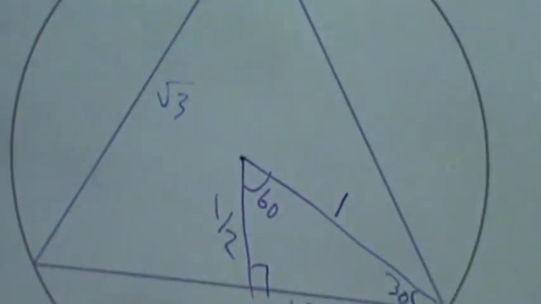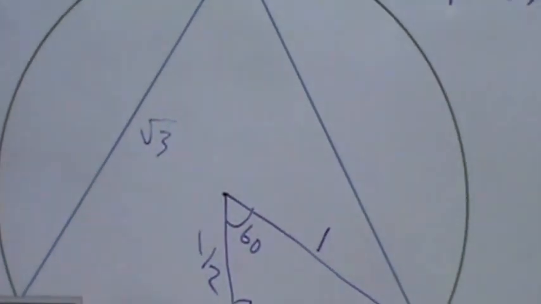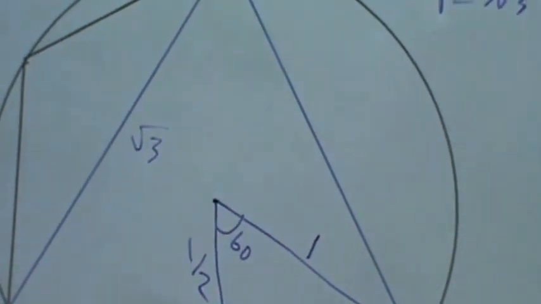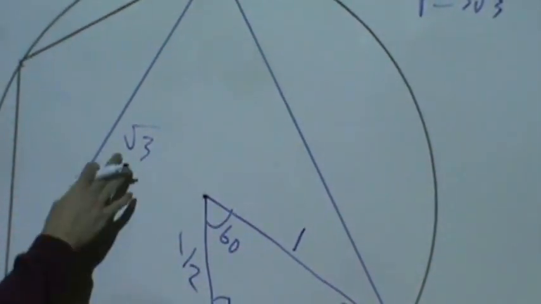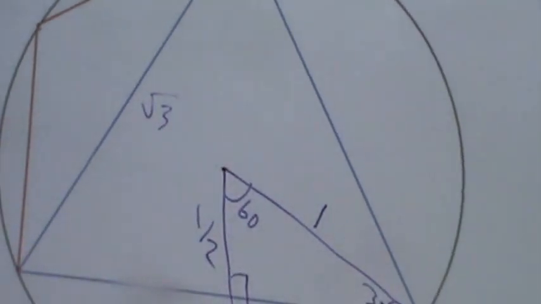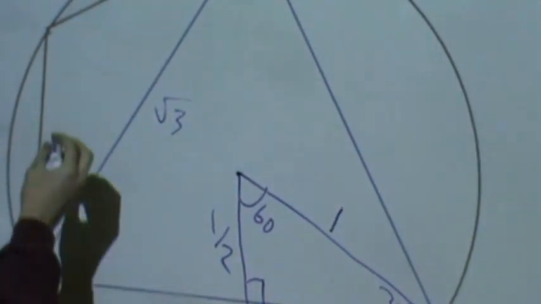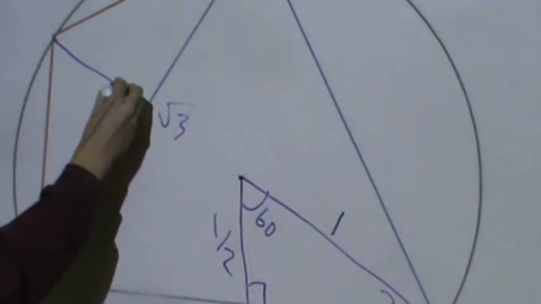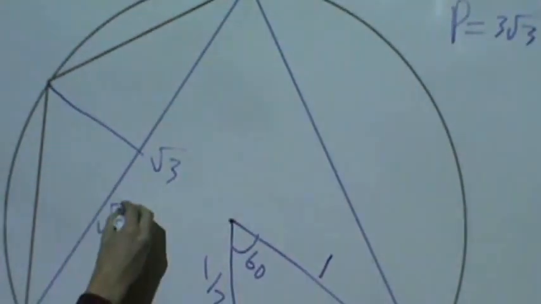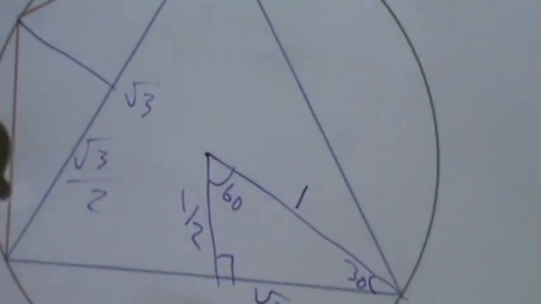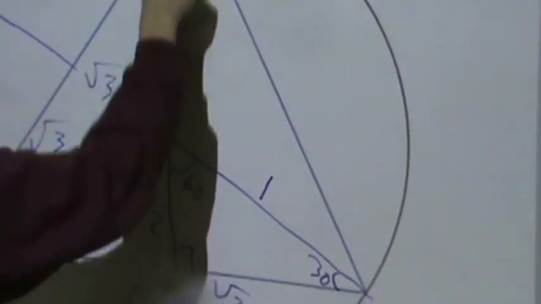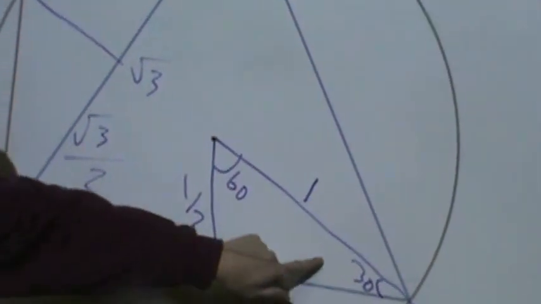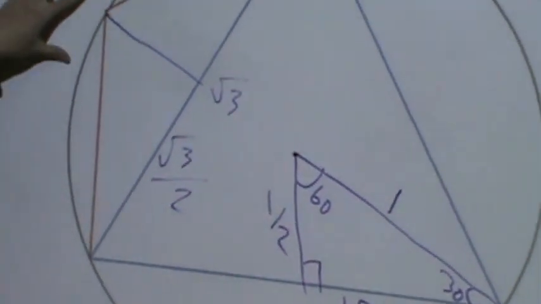Okay, now moving on to a hexagon. We'll draw a line here and bisect this, making this root 3 over 2. And then we know that this is a 60-degree angle and that this arc will be twice this angle, so that will be 120.